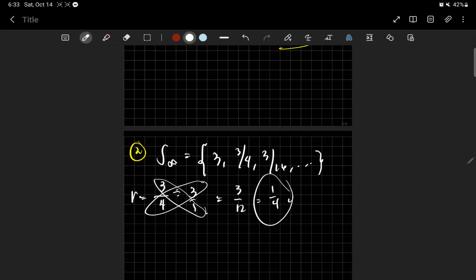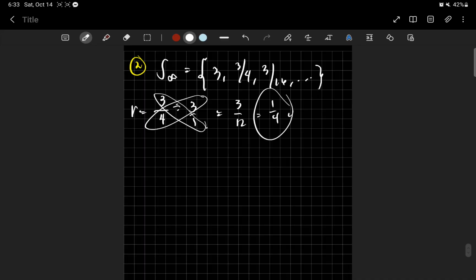So is it convergent, divergent? Okay, convergent. Therefore, we have to use the formula again. S sub infinity is equal to a sub 1 over 1 minus r. Wherein the first term is 3 over 1 minus the common ratio is 1/4. 1 minus 1/4, that is 3/4.